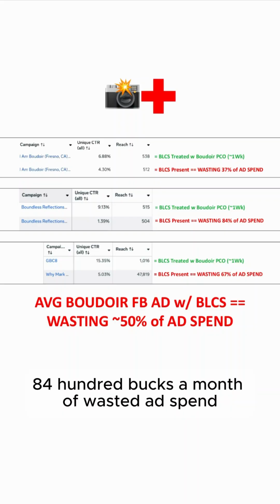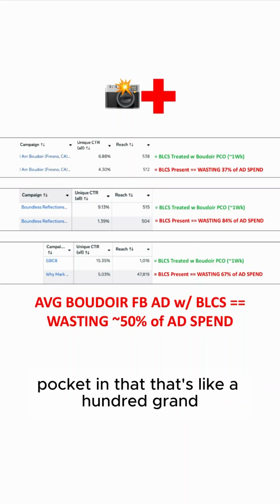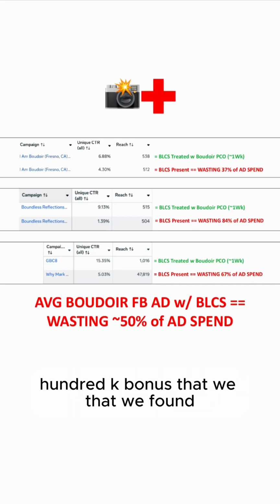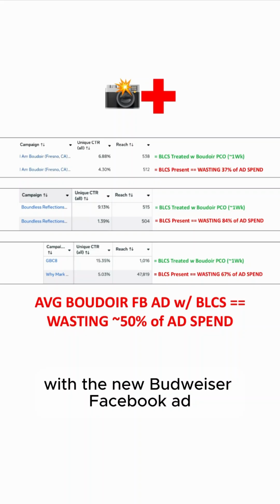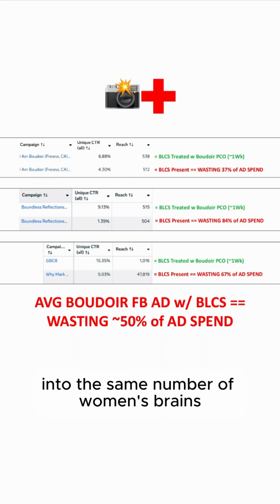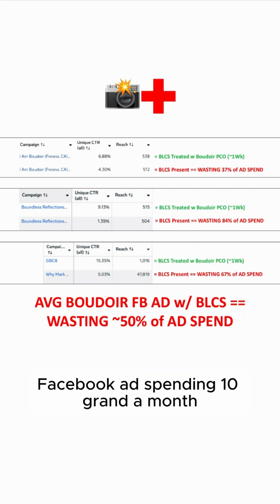Eliminating that $8,400 a month of wasted ad spend and pocketing it. That's like a 100K bonus that we found by not wasting that money and spending $1,600 a month with the Boudoir Pico treated one. We're getting our ad into the same number of women's brains as the original Boudoir Facebook ad spending 10 grand a month.